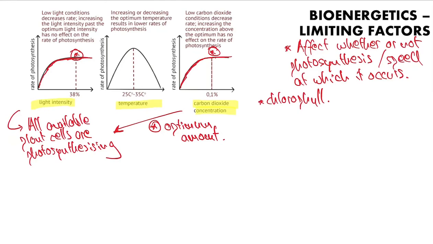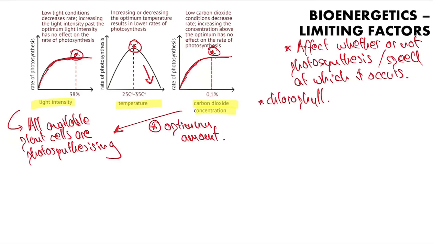When we're talking about temperature, you'll see after its optimum amount, about 25 to 35 degrees Celsius, the rate of photosynthesis then decreases.